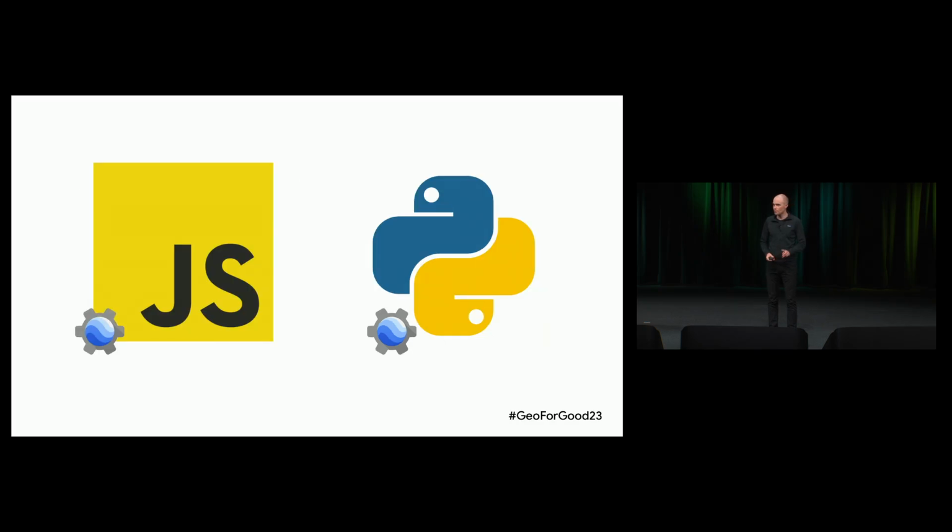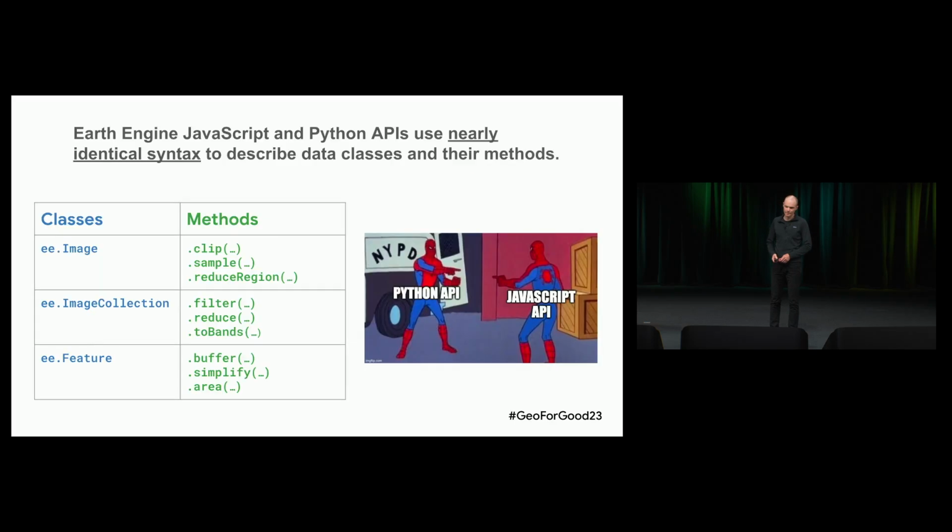And we have two primary interfaces to Earth Engine. We have the JavaScript code editor. We could also program with Node.js, but the code editor is a really popular interface. So we have the JavaScript code editor, and then we have the Python API. And they share almost exactly the same Earth Engine language.